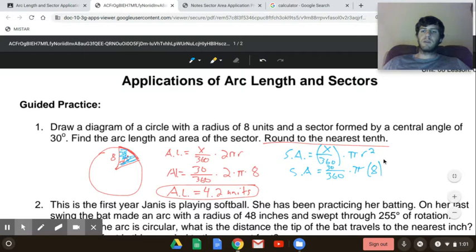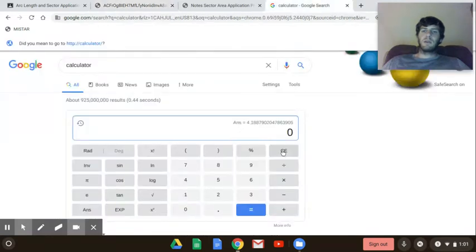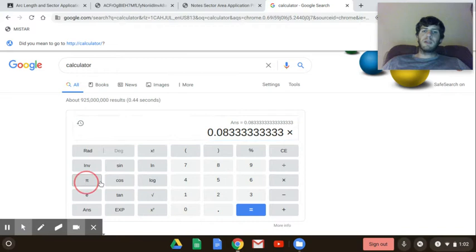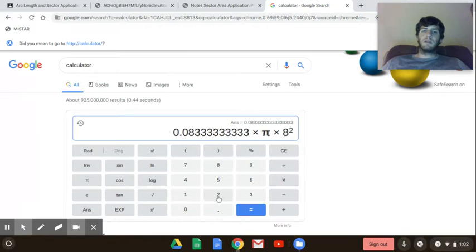So 8 squared. If we put that all in the calculator, again, we have 30 divided by 360, which is a 12th, and then times pi, and then times our radius squared.